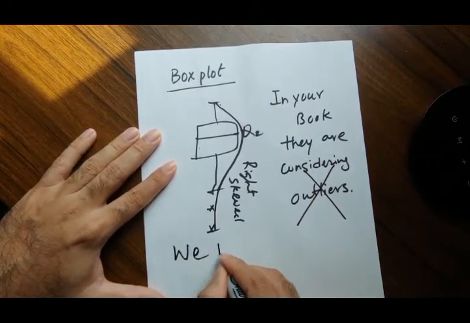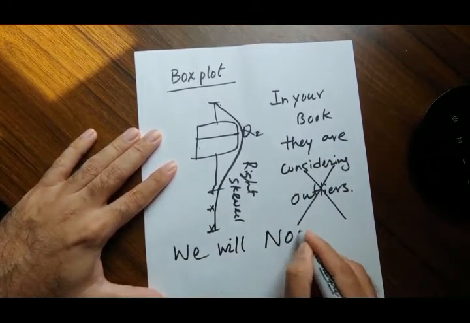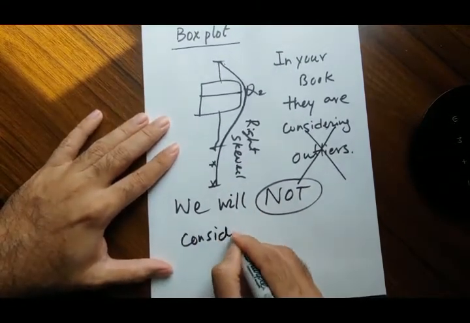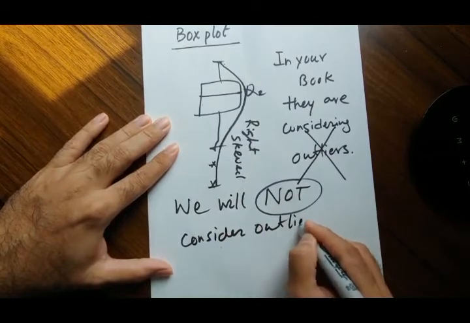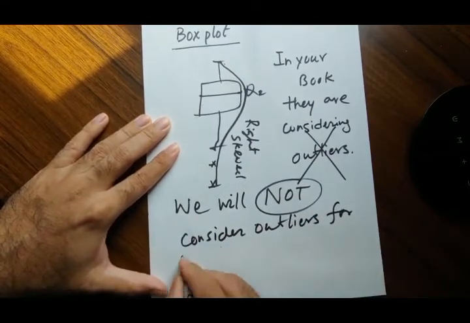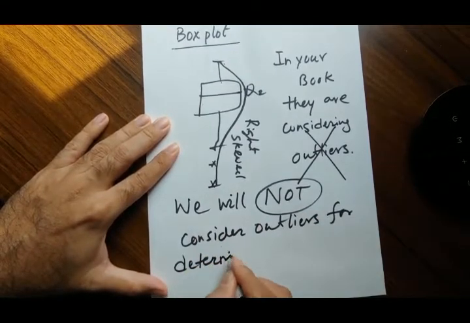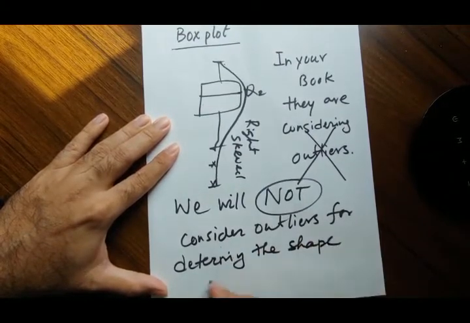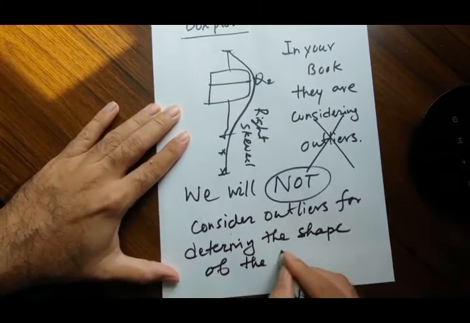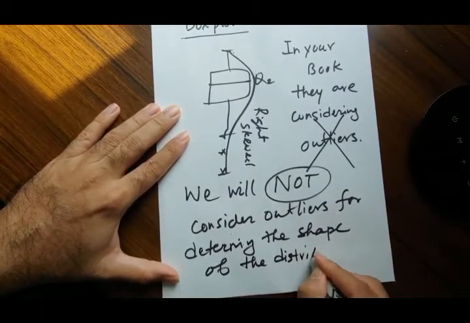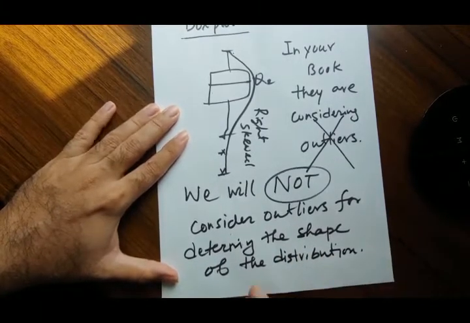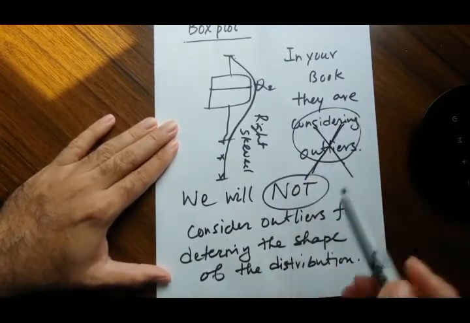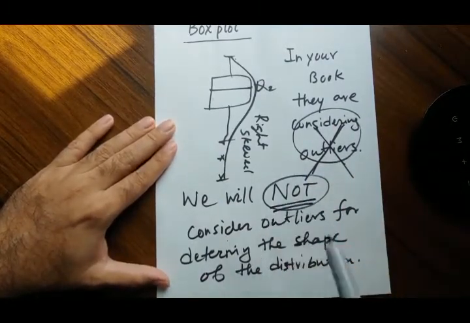So we will not consider outliers for determining the shape of the distribution. So that's important. That will be a little difference from the book. The book is considering the outliers, which we think is wrong. So we will not consider the outliers.